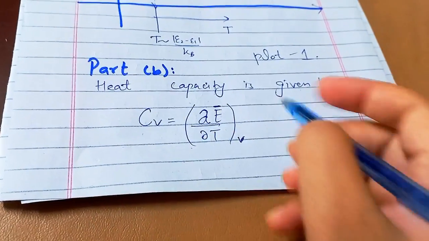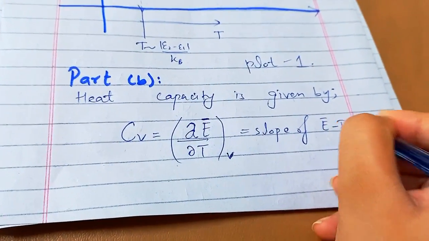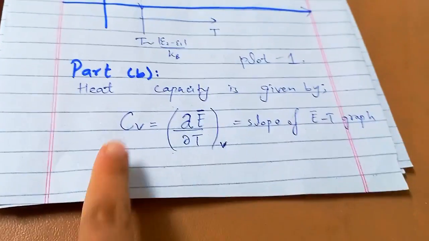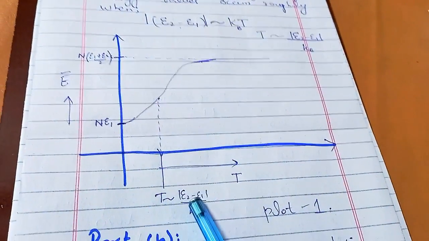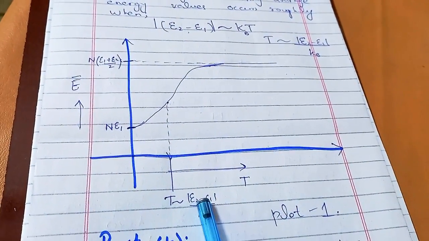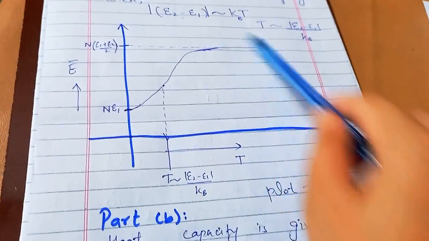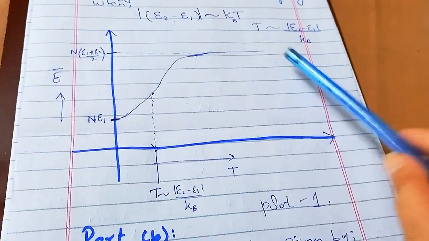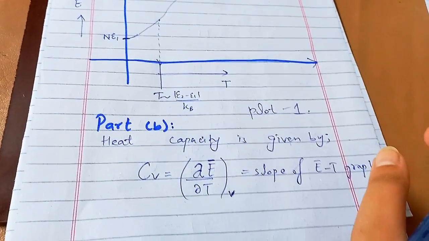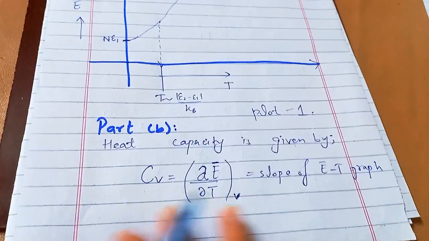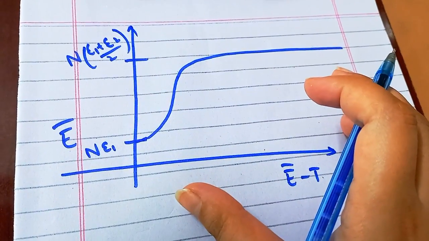So actually the slope of the E bar versus T graph will give us the heat capacity. Since we know the E bar T graph, we can determine the graph for the CV heat capacity from this graph by taking the slope of each and every point here. This slope will help us to draw the graph for the CV.